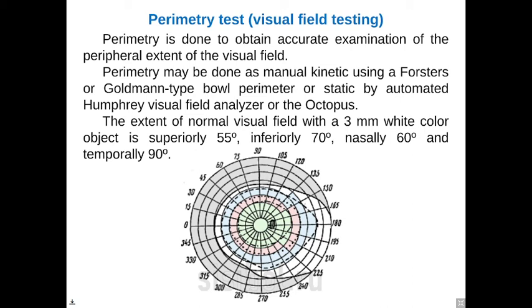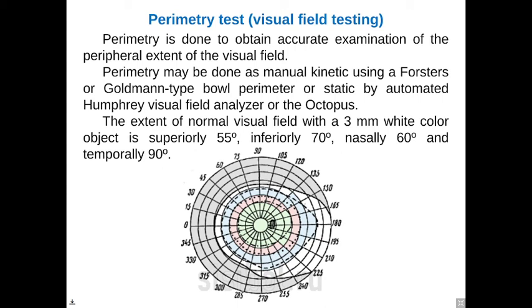Visual field testing, perimeter test. Perimetry is done to obtain accurate examination of the peripheral extent of the visual field. Perimetry may be done as manual kinetic using a Foerster or Goldmann type of ball perimeter, or static by automated Humphrey visual field analyzer or the Octopus.